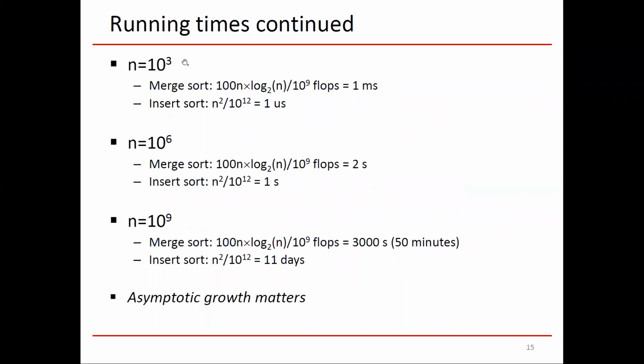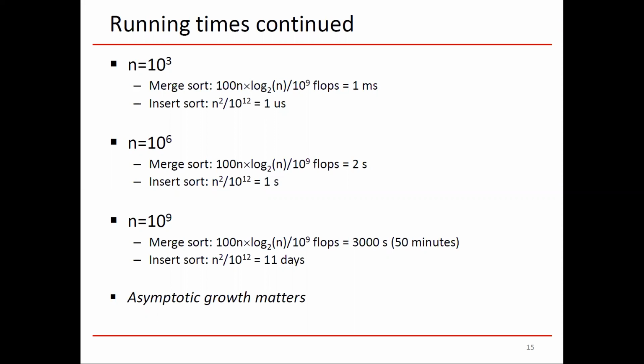For problems of size 1,000, the merge sort takes 100 n log n operations, log base 2 of n, and it performs 1 billion operations per second. 100 times 1,000, and what's log of n? Log base 2 of 1,000 is approximately 10, so 100,000 times 10 is approximately 1 million. 1 million divided by 1 billion is a millisecond.